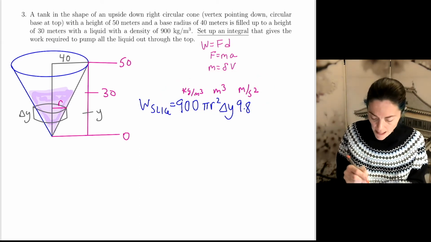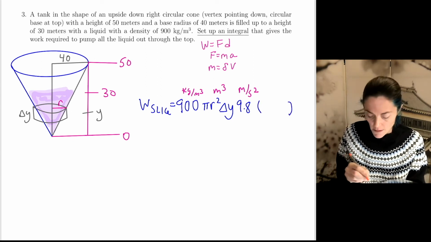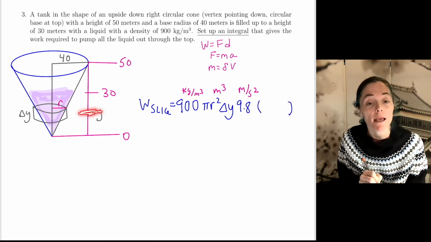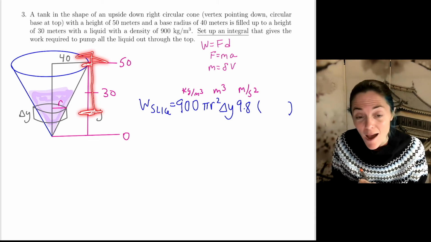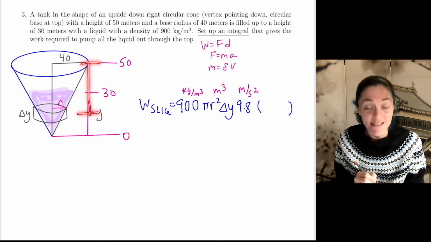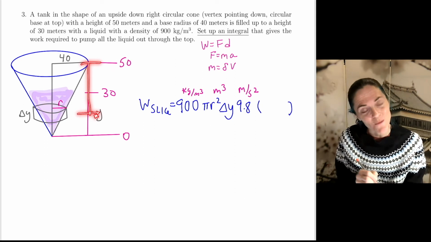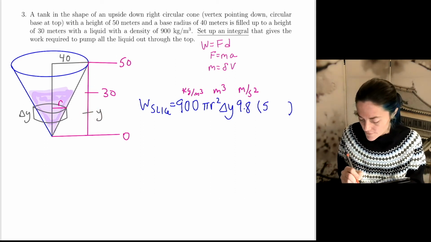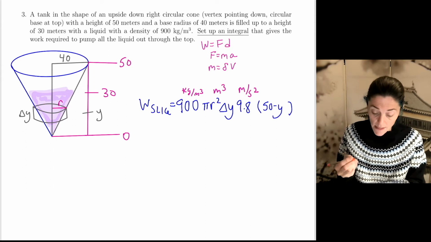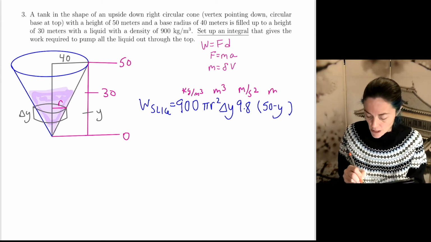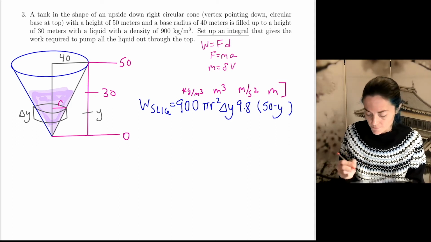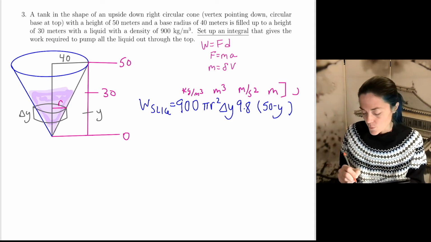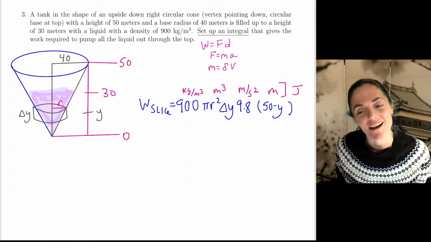My slice is sitting here at height y, and I want to pump the liquid to the top of the tank, right here. This distance is 50 minus y, and this is in meters. Altogether, we have joules here, so we have the correct units for work.